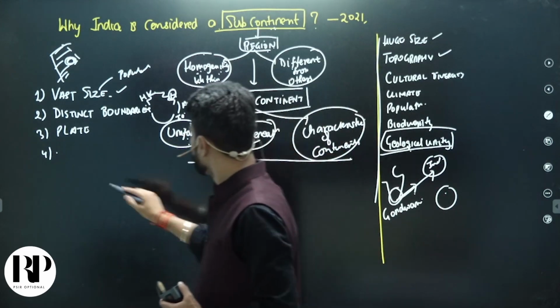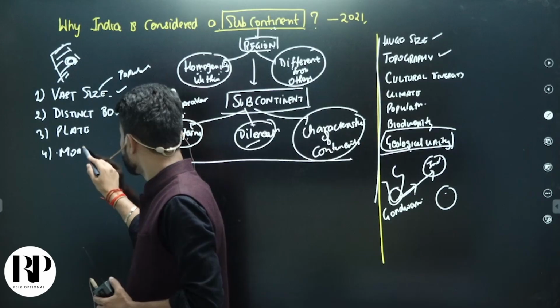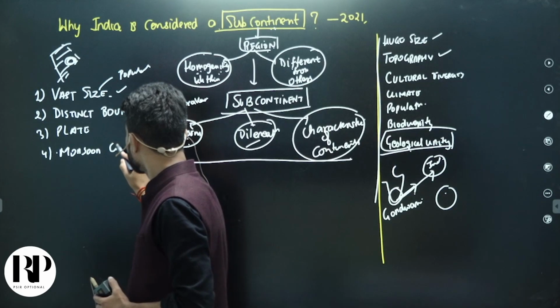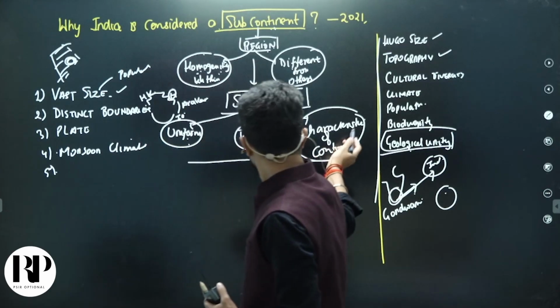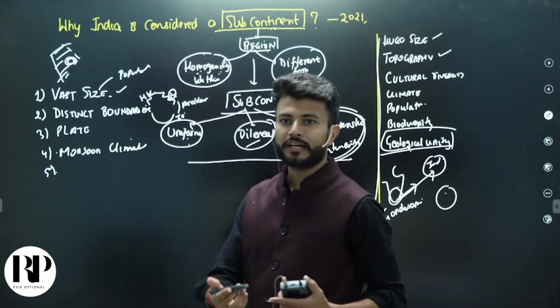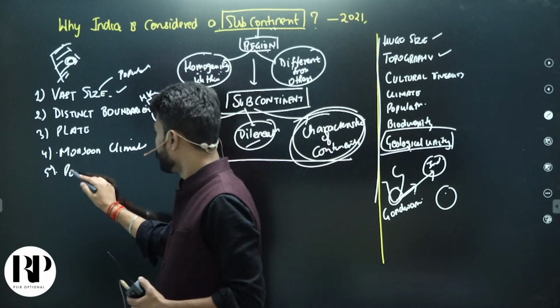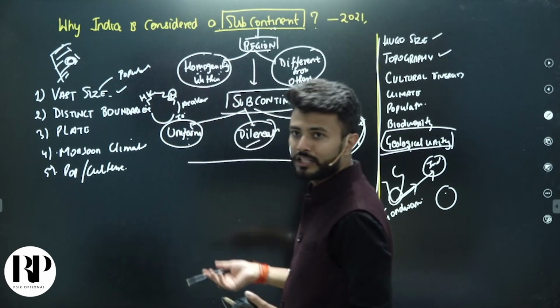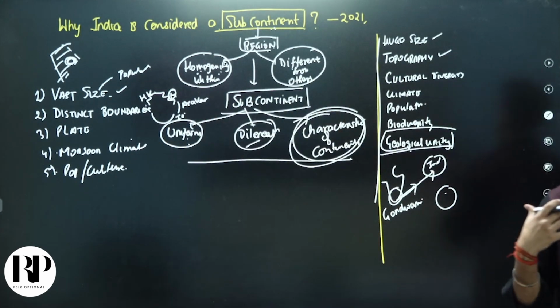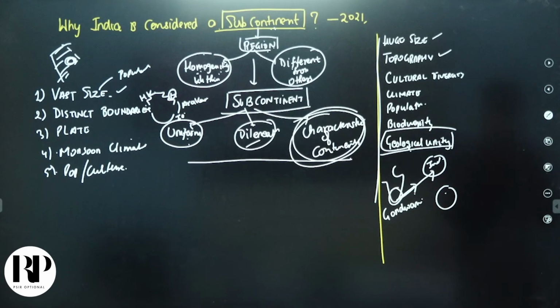We also discussed the monsoon type of climate, a unifying factor, right? Characteristics of the continent. Continent has what? Huge population. It has huge varieties of culture. It has huge economic strength. All those things.